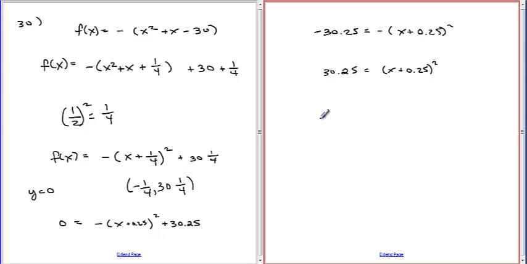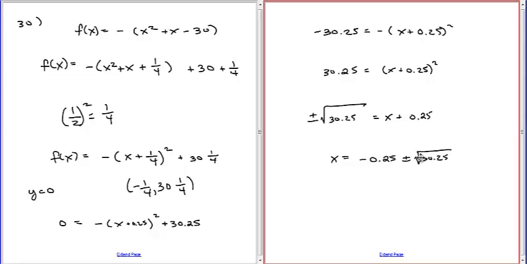Then you take the square root, so we get plus or minus the square root of 30.25 is equal to x plus 0.25. We subtract 0.25 from each side and switch sides, so you get negative 0.25 plus or minus the square root of 30.25.